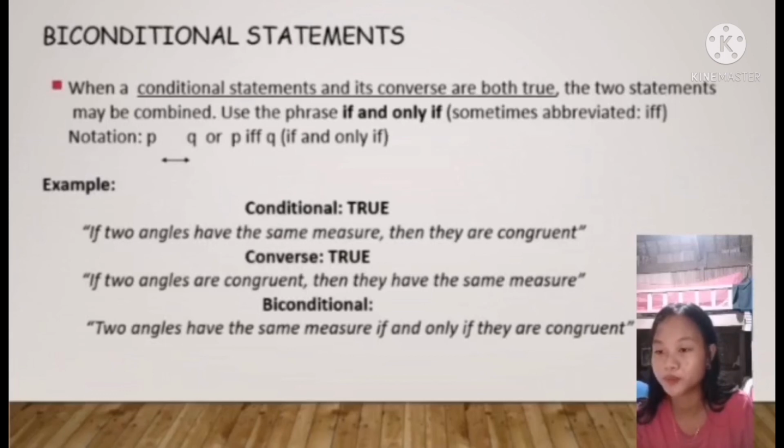Converse true: if two angles are congruent, then they have the same measure. Biconditional: since both statements are true, we can go ahead and make our biconditional statement. Two angles have the same measure if and only if they are congruent.